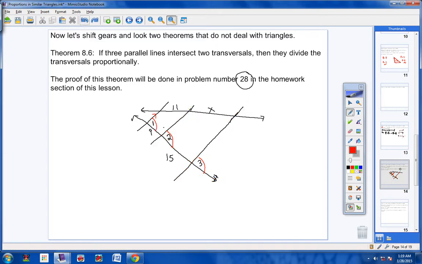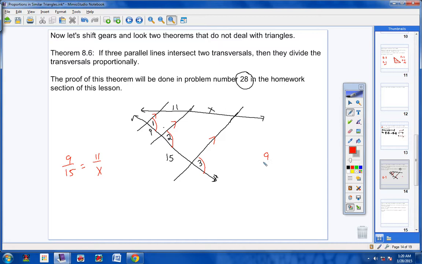Okay, I really had to establish that first before we went any further. There we go. So now look what I have, students. I have three parallel lines cut by two transversals. So these two transversals are cut up or divided proportionally. So I can say 9 over 15 equals 11 over x.